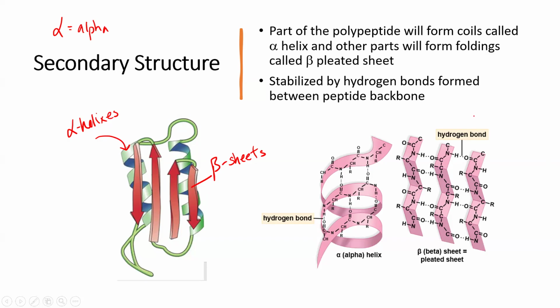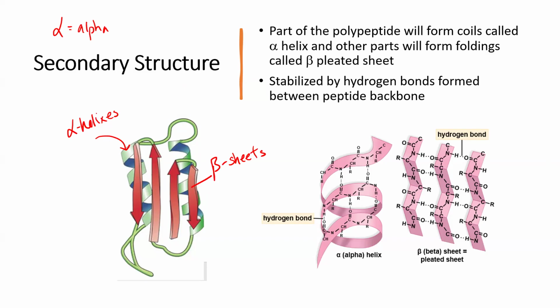Now, what holds the alpha helix and the beta sheets together would be the hydrogen bond. If you don't fully understand hydrogen bond, that's okay. I told you, anytime I mention hydrogen bond, you just think of it as some kind of magnets attraction, right? So to prevent the helix from falling apart, the hydrogen bond stabilizes.